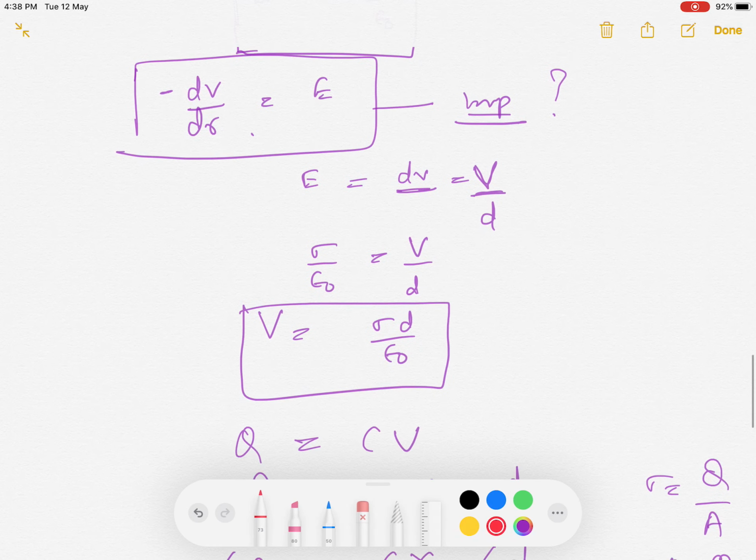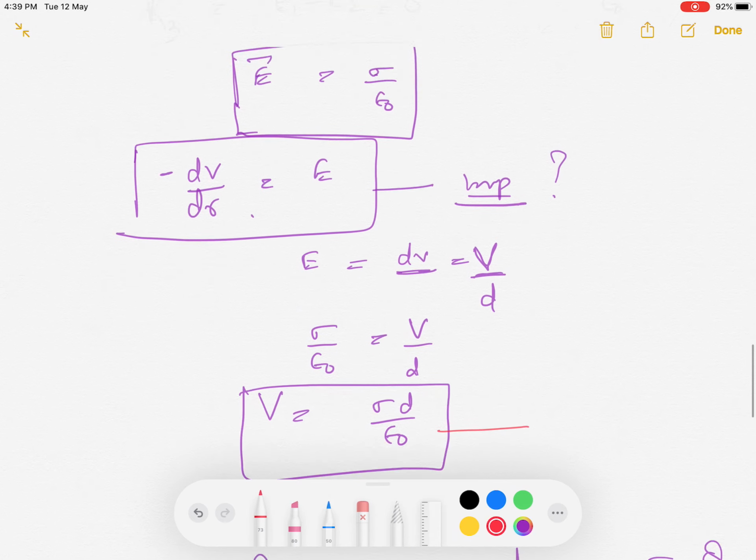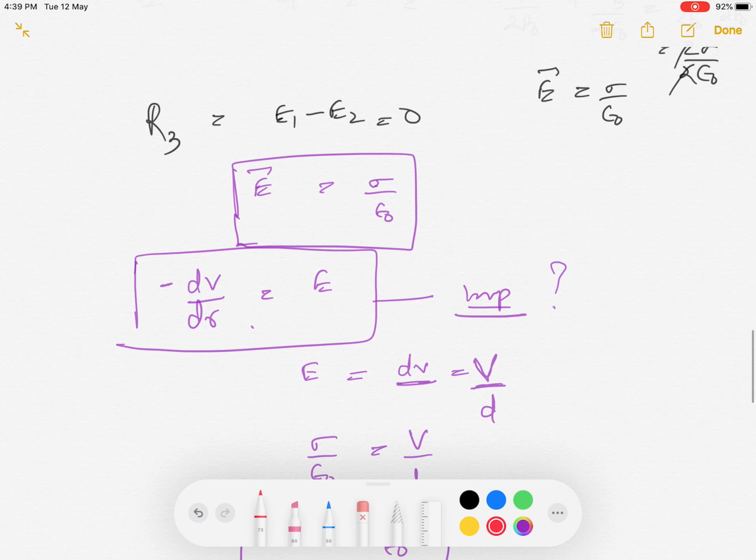So children, I think this much is clear. Two things have to be clear before you know the derivation of capacitance of a parallel plate capacitor. First, electric field is the negative potential gradient.